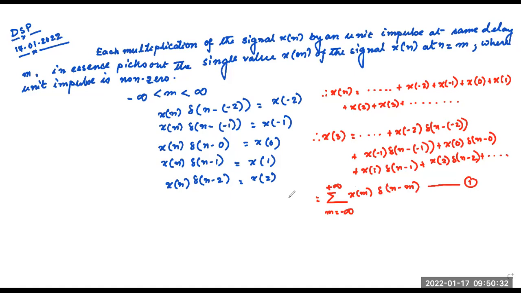In equation number 1, each product x[m] delta[n - m] is an impulse, and the summation of the impulses gives the sequence x[n]. So we can represent a discrete time signal as a summation of impulses. Understand?